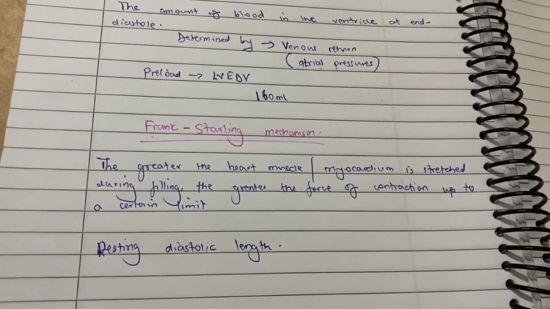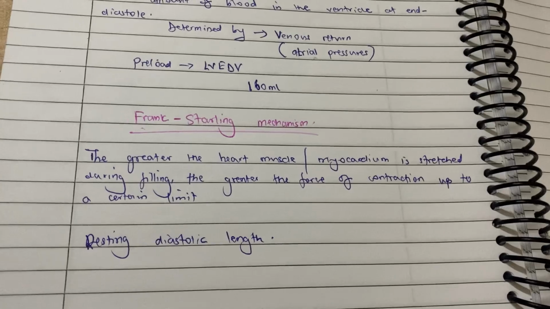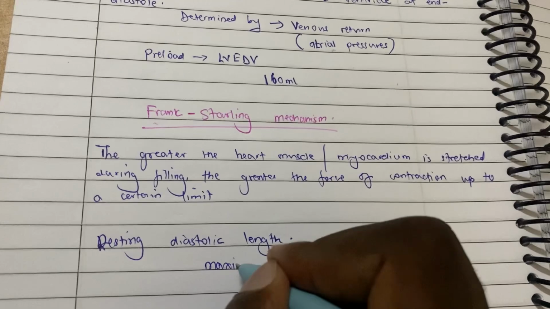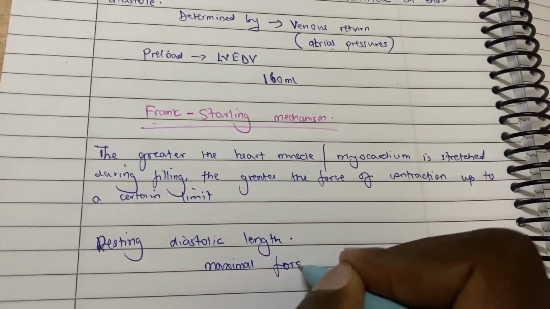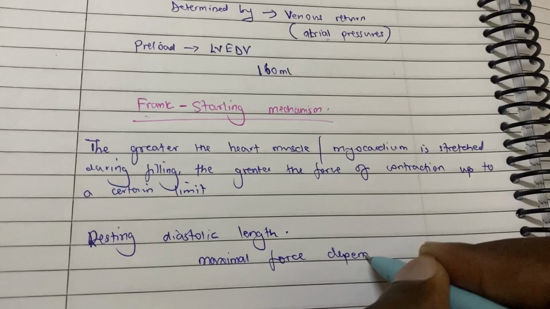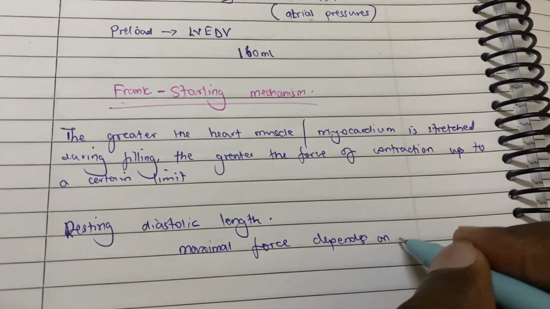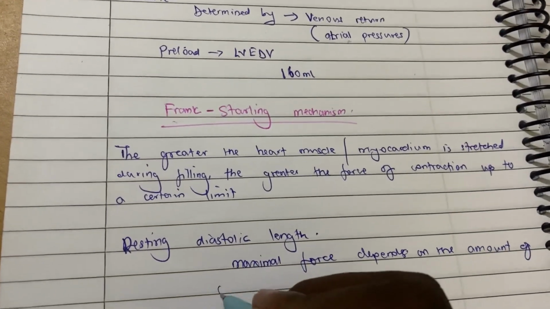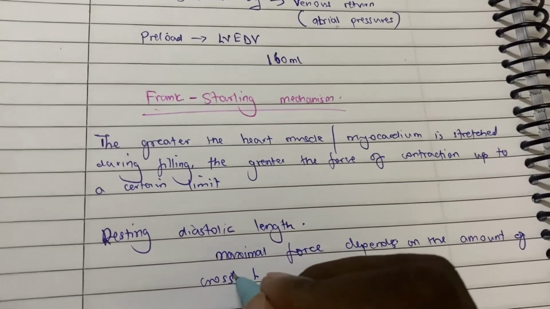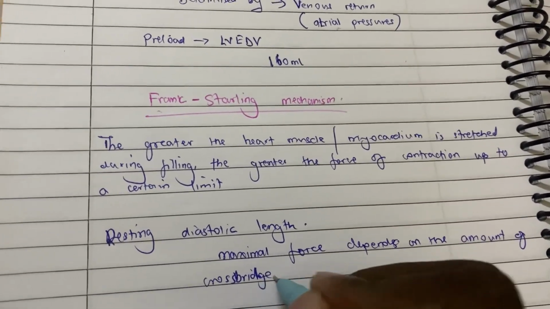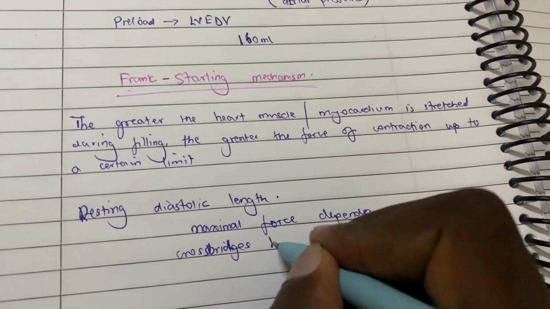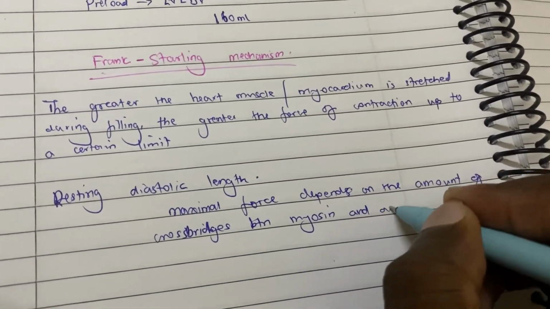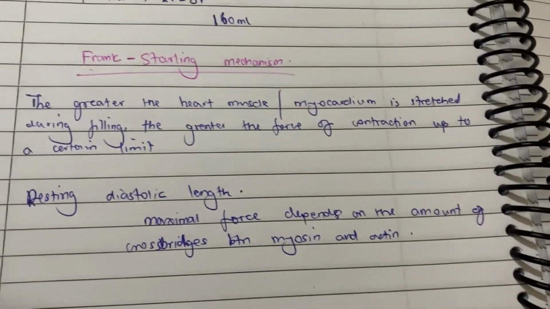Why? Because maximal force depends on the amount of cross bridges between myosin and actin during the sliding filaments theory.